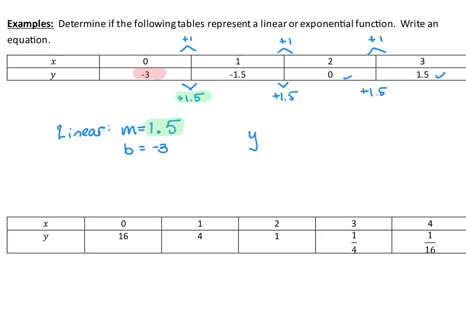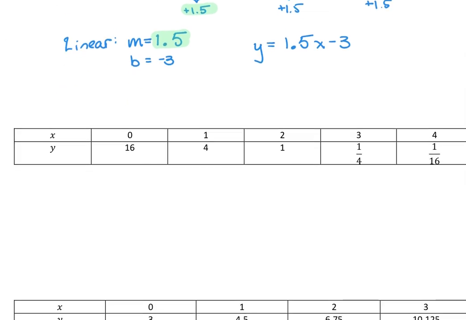I'm not going to write it in function notation because if you notice over here we have y equals. And so I'm going to rewrite this as y equals 1.5x minus 3. All right, this is our first one. So let's go to our second one.